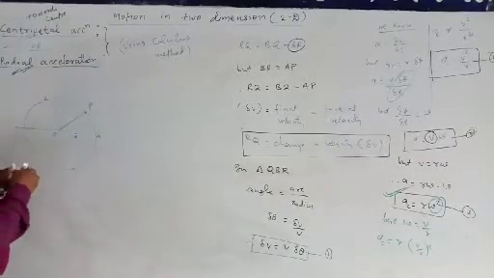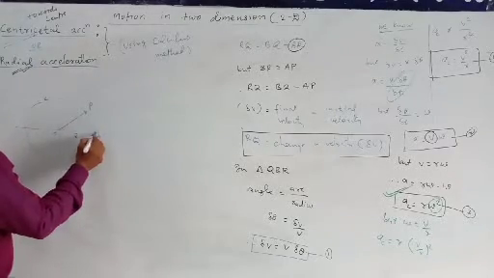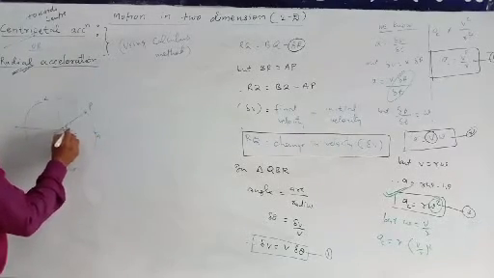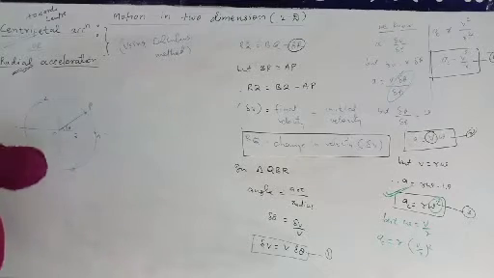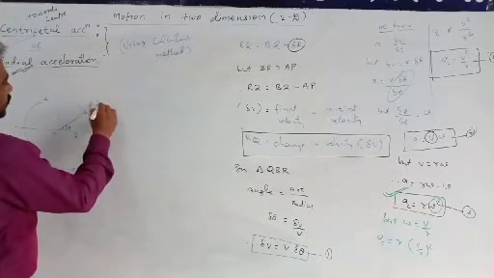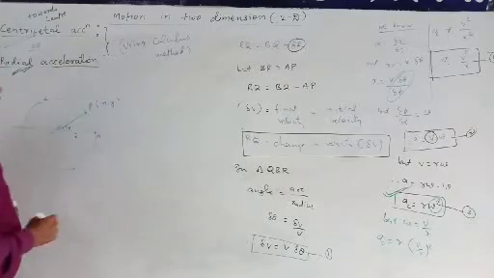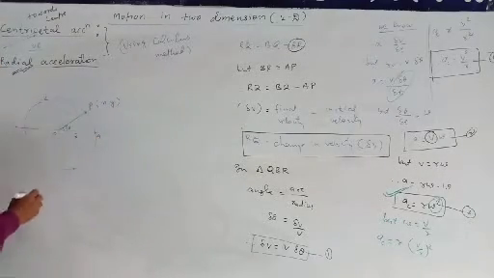When it goes to point P, there is an angular displacement at the center of the circle. The coordinates of point P are supposed to be x and y.